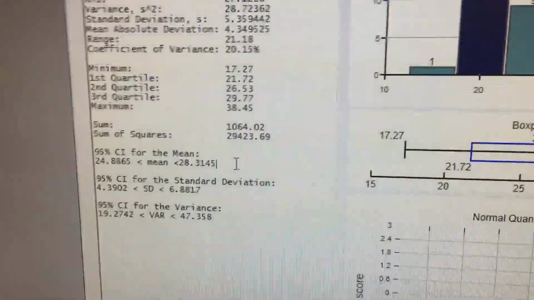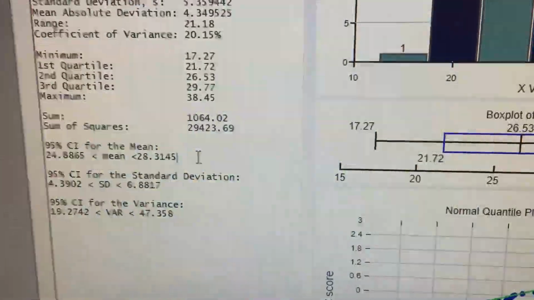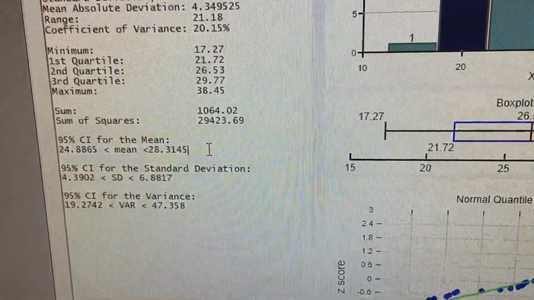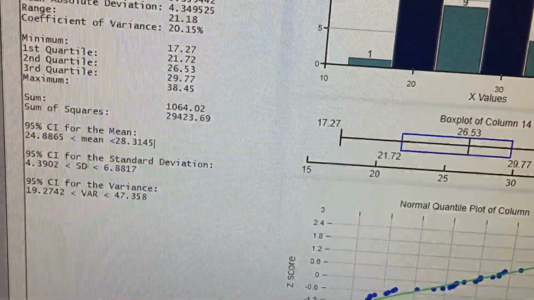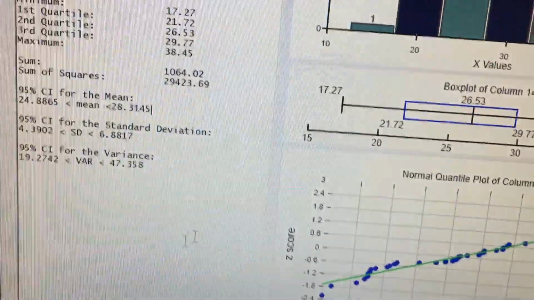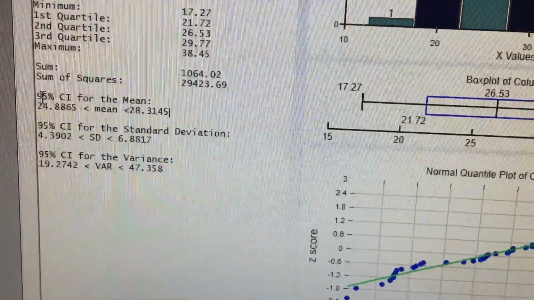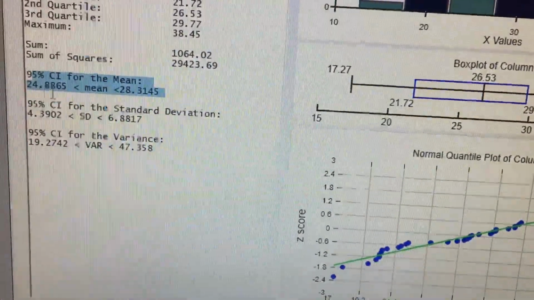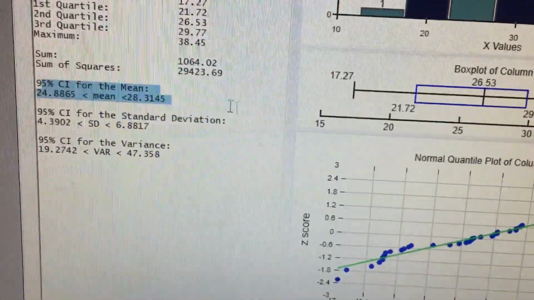I think in the StatDisk assignments, they wanted 2 decimal places. So I would say 24.89 as the lower limit and 28.31 as the upper limit for that 95% confidence interval. Okay, so I'll round that to 2 decimal places.